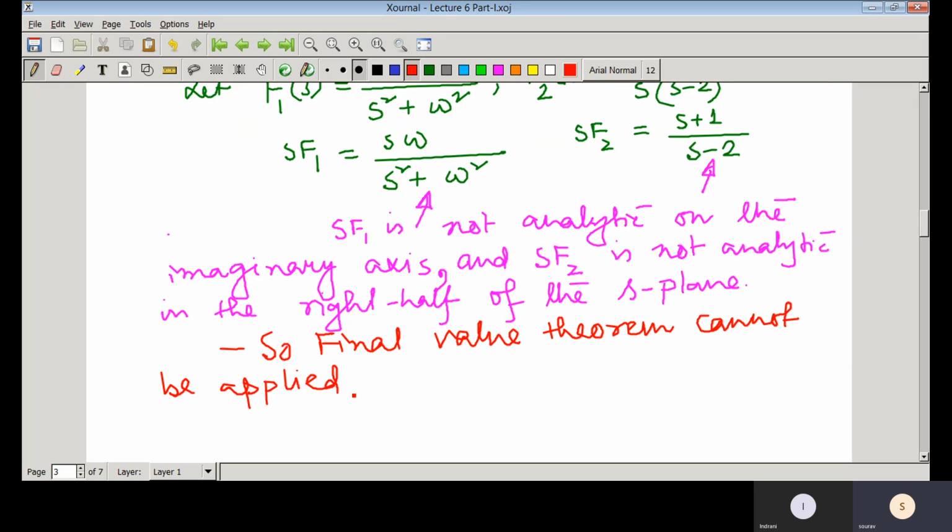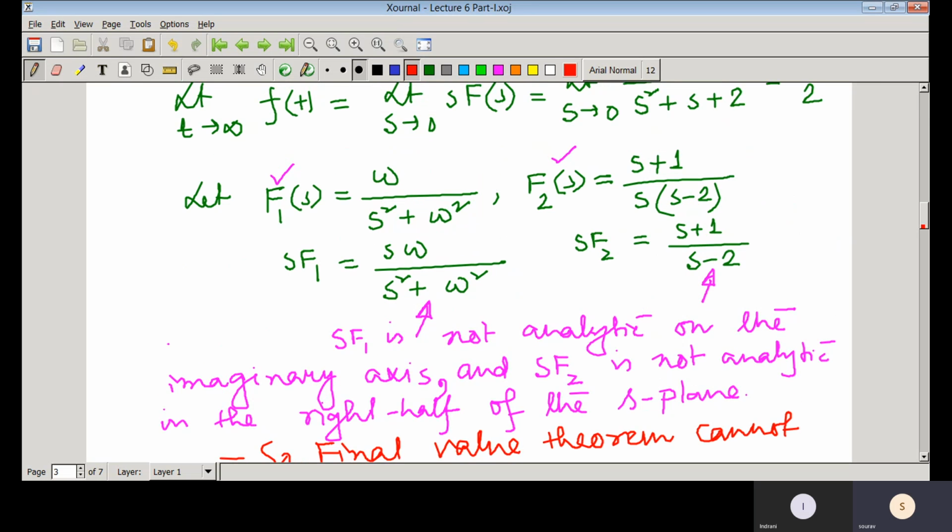So you should be careful before applying the final value theorem, because if you apply it in this case, your answer would be minus half, which is wrong. You may think that if you apply a unit step, the final steady state value is minus half, but no. The reason is this system is actually unstable, so it does not have any steady state.